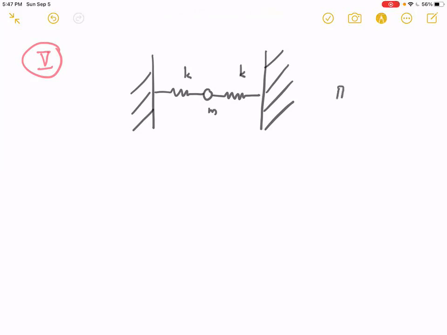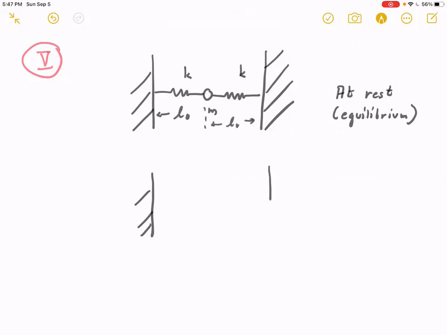Here my system is at rest, or it's in equilibrium, and I would like to alter it a bit. So here the equilibrium positions are L0 and L0 respectively.